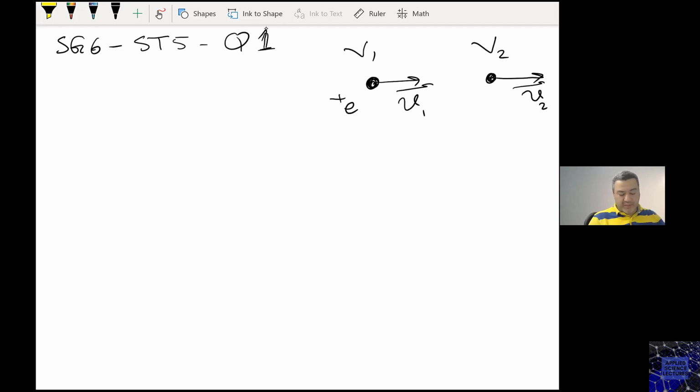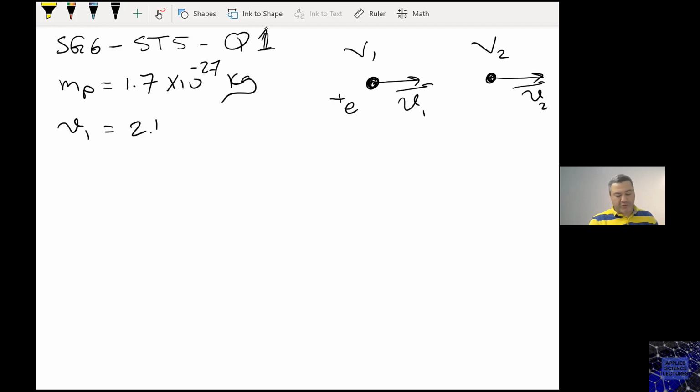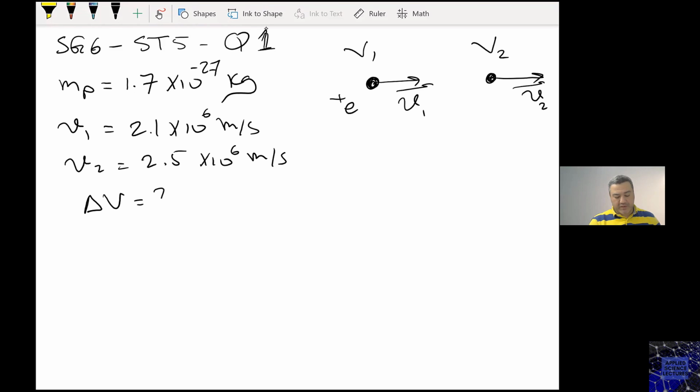So we have the mass for the proton as 1.7 10 to the power minus 27 kilograms. We have the V1, the speed, as 2.1 10 to the power 6 meter per second, V2 as 2.5 10 to the power 6 meter per second. Delta V is what we need to find.